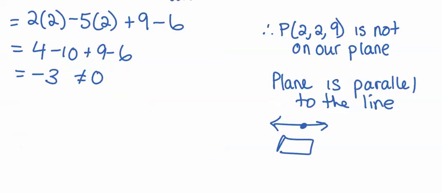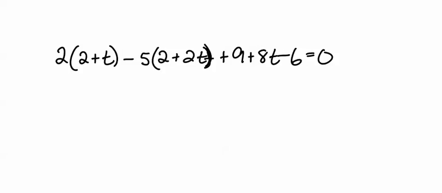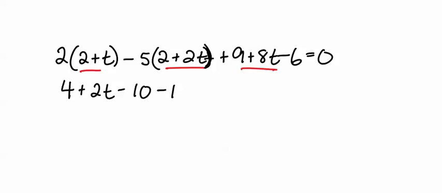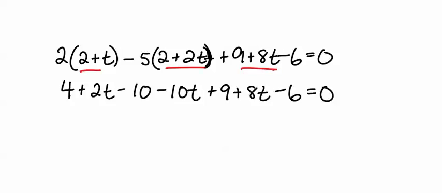Right? Verify that? Okay, so you can sub x, y, z into your plane equation, and you'll end up with 4 plus 2t minus 10t plus 9 plus 8t minus 6 equals 0. And if you simplify that, you'll notice you get 2t minus 10t plus 8t, which leaves you with 0 t's.